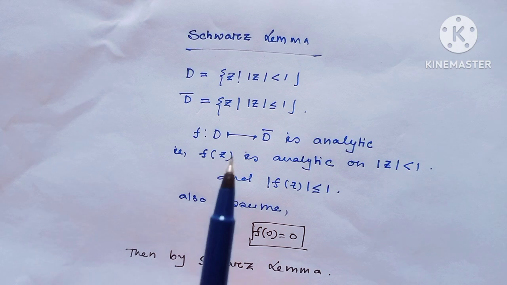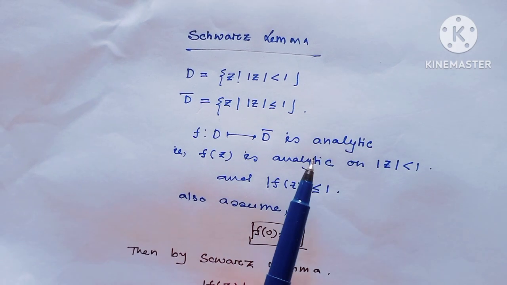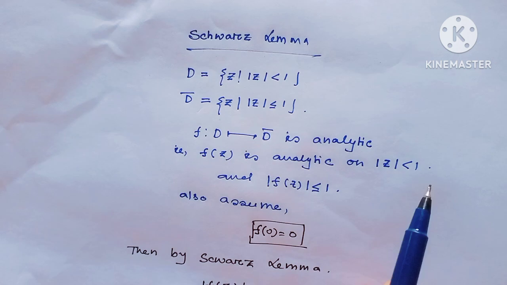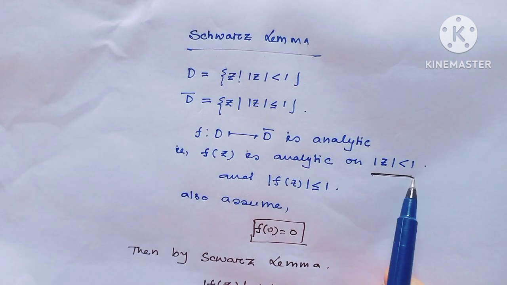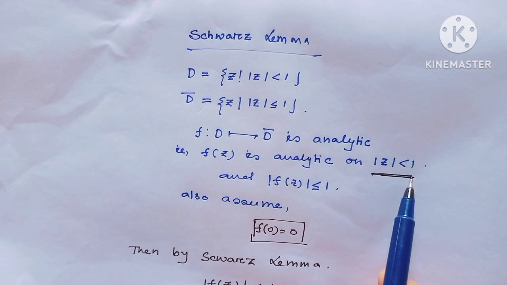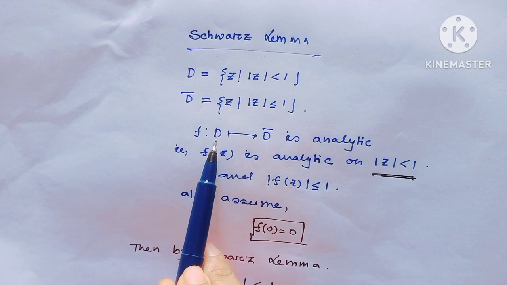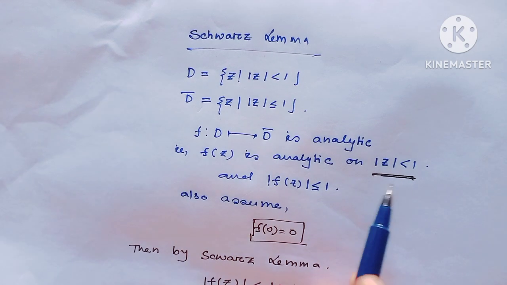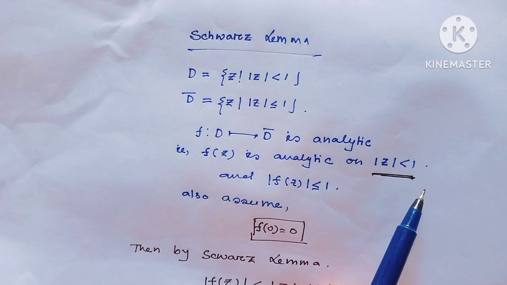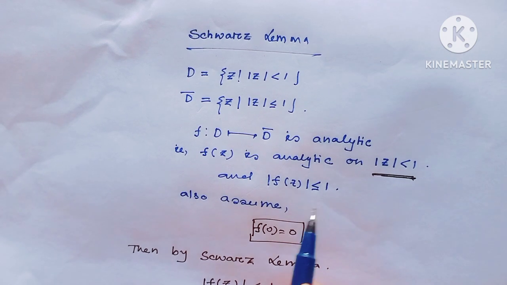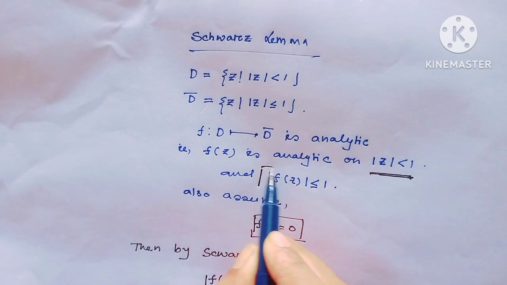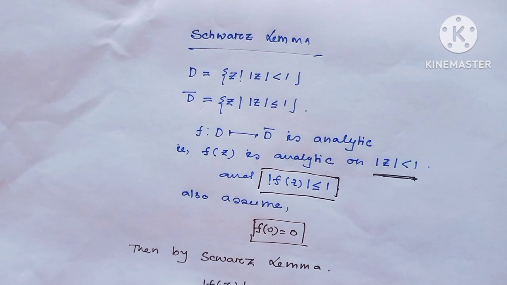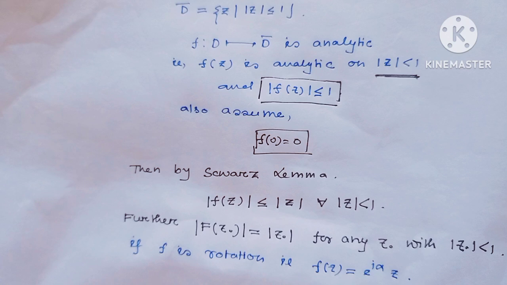Here the mapping f from D to D closure is analytic, that means f(z) is analytic on the interior modulus z less than 1. Then obviously modulus of f(z) less than or equal to 1. Also assume f(0) equal to 0.